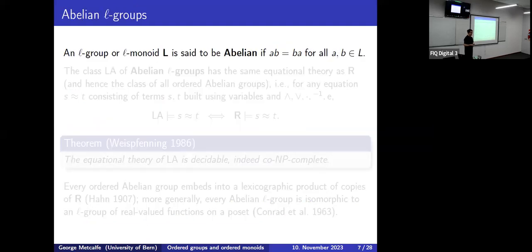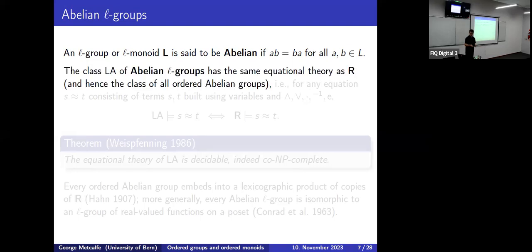Let's start with the abelian case, because interestingly, this is easier to discuss, but the problems generally become harder. We say an L group or L monoid is abelian if elements permute in the usual sense. So we have an abelian group or abelian monoid. Then we can look at the class of all abelian L groups.